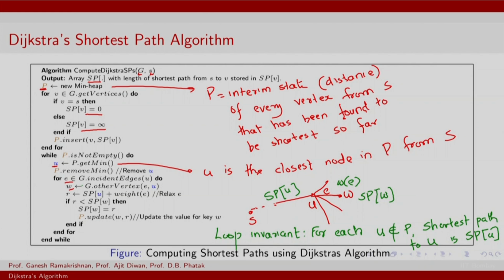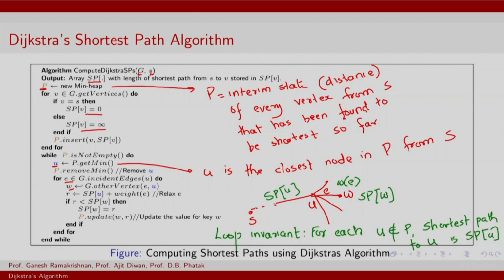The last time P was updated for that particular node U, we computed a new shortest path to U based on its neighboring node, found to have the shortest distance from the source S, and indeed it was found that the new path to U, the relaxed path to U, was shorter than the earlier path that was registered for U. So this just means that we cannot find a shorter path to U than what has already been registered.